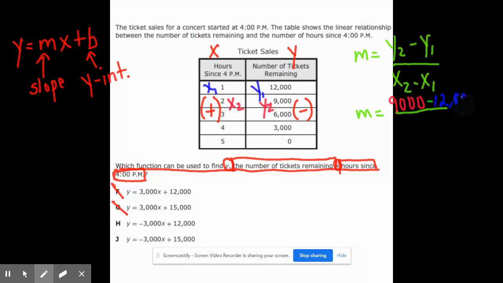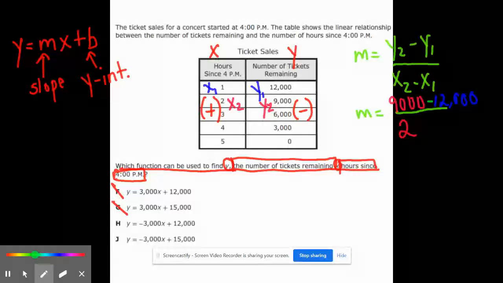Right there we can see that 12,000 is larger than 9,000. We know we're going to have a negative number there, which does affirm that we are going to have a negative slope. So y2 minus y1 over x2, which is 2, minus 1.